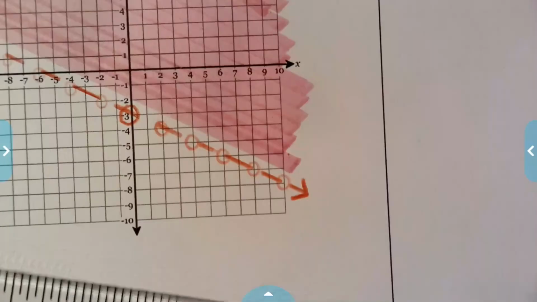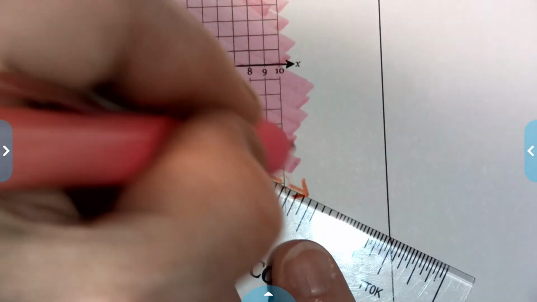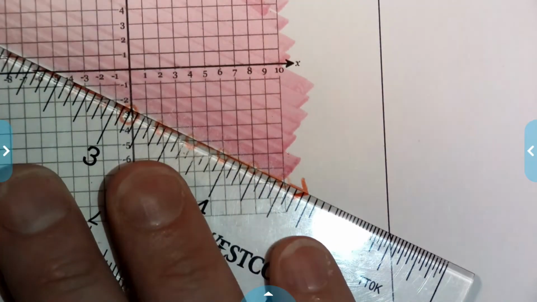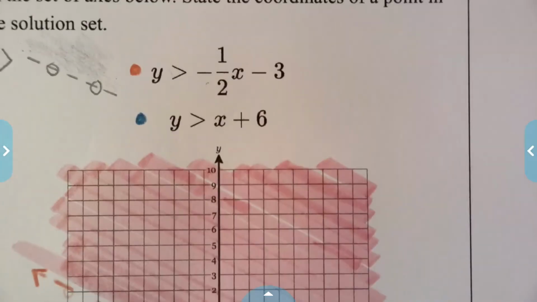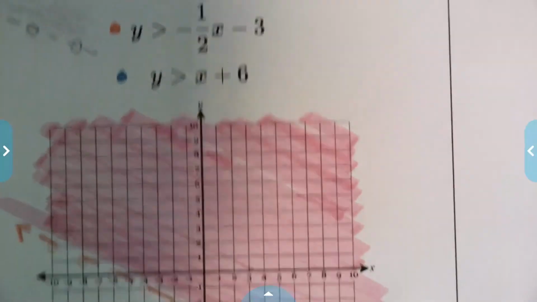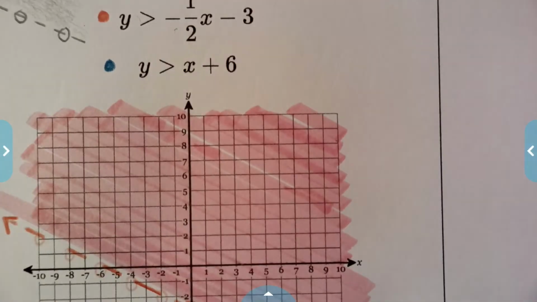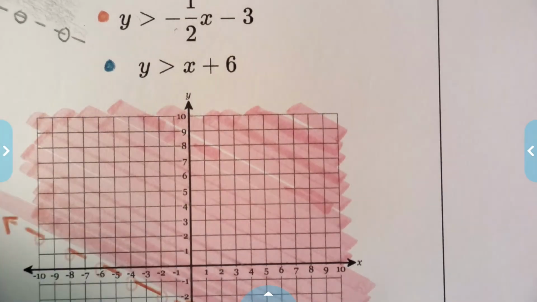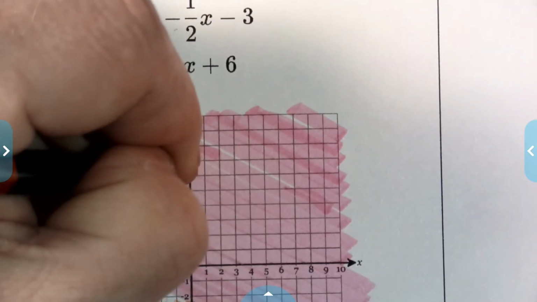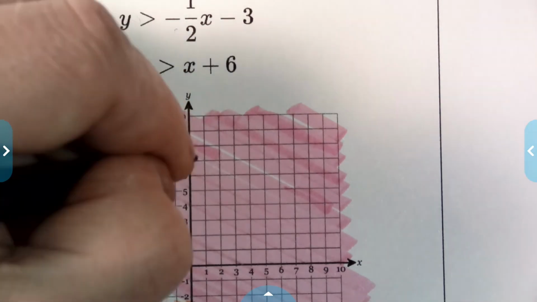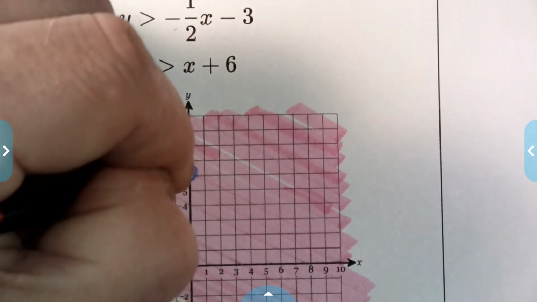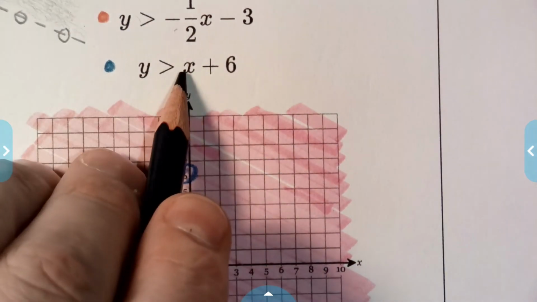Okay, we can get a little bit closer to the line there. Okay, so now I've shaded in that inequality. Now it's time to do the blue. Okay, so the blue starts at +6, and that's going to be an open circle, and it goes up 1 over 1.